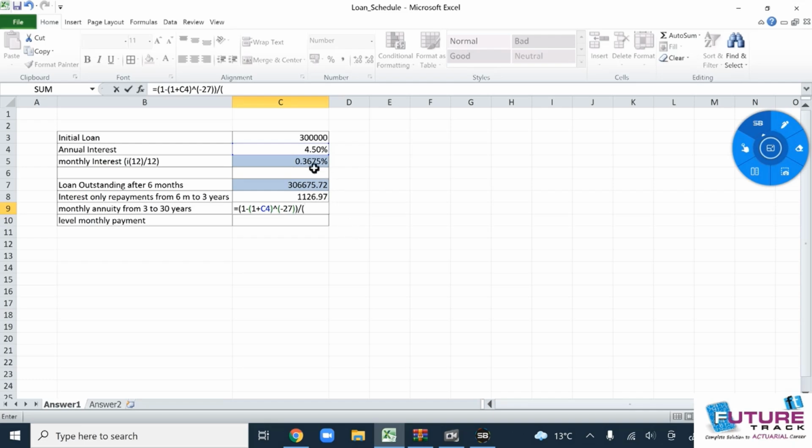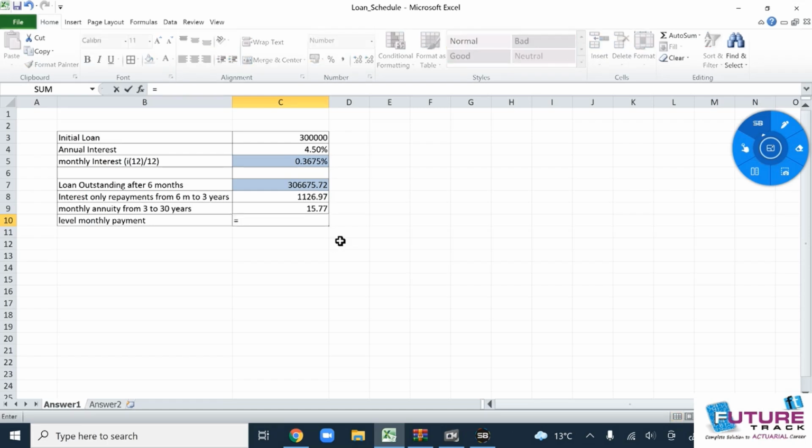So class, what is my i12? This is i12 by 12, class. If I multiply this by 12, we get i12 only, right? So class, this is my annuity factor.